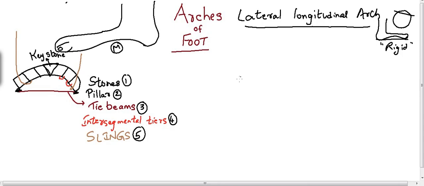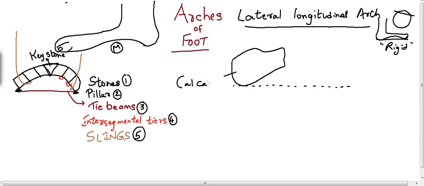But let's consider the medical field, the doctor's perspective. This is the ground. I'm just showing you how to draw the lateral longitudinal arch. We have the largest tarsal bone, which is called the calcaneus. On the lateral aspect of the foot, we have one cubical bone, and this is called the cuboid.